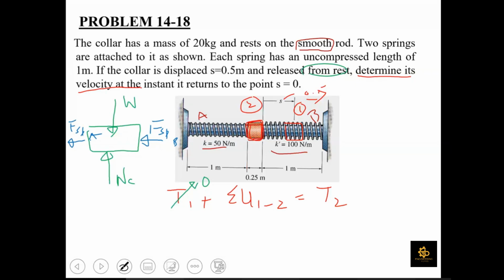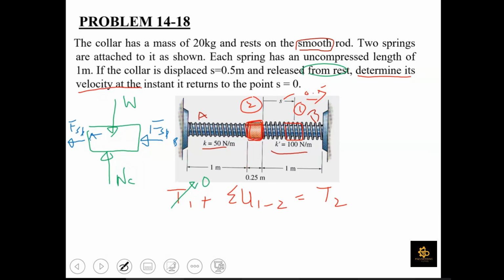Position 1 और 2 के दरमियान किसी भी एक पोजीशन पे मैं अगर फ्री बॉडी डायग्राम बनाता हूँ तो लेफ्ट स्प्रिंग चूंकि स्ट्रेच हुआ हुआ है वो इस कॉलर को टुवर्ड्स द लेफ्ट मूव करने की कोशिश करेगा. इसी तरह राइट स्प्रिंग कंप्रेस हुआ हुआ है वो भी इस कॉलर को टुवर्ड्स द लेफ्ट मूव करने की कोशिश करेगा. Therefore, both the spring forces would be acting towards the left as shown to you in the free body diagram. Is it clear to all of you?